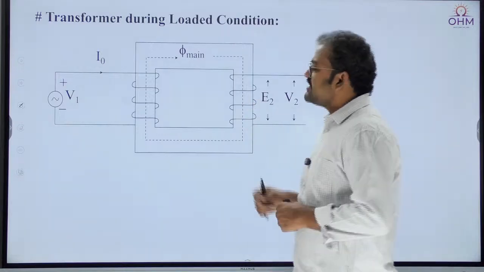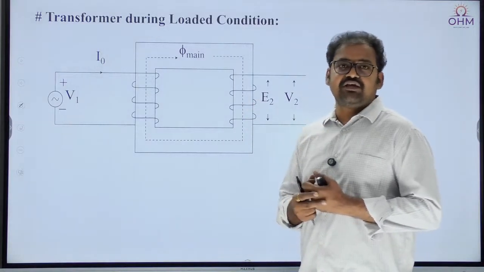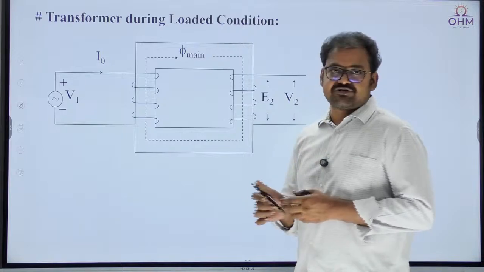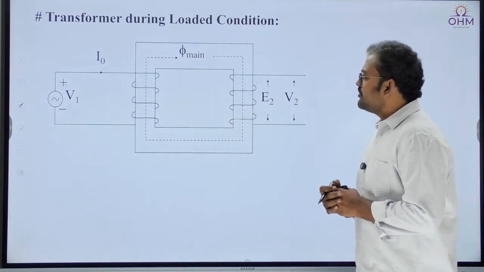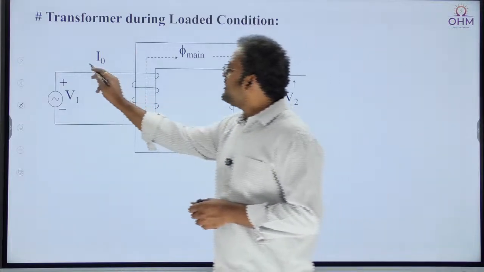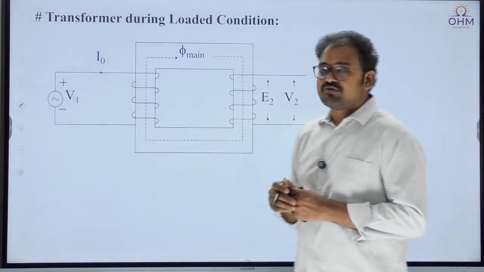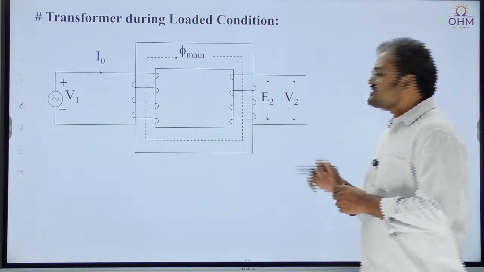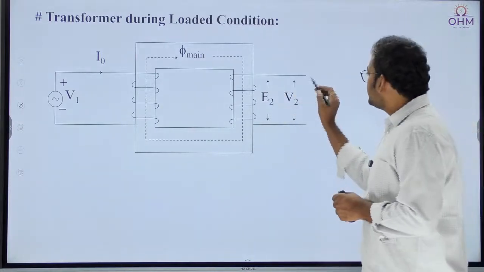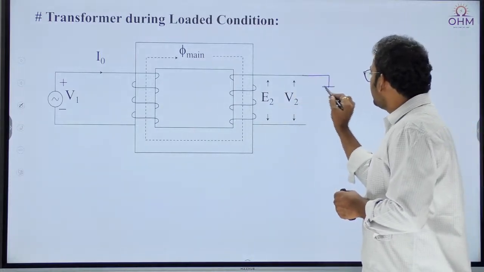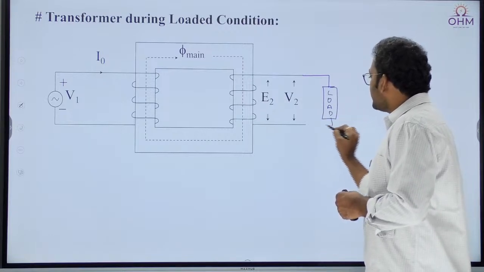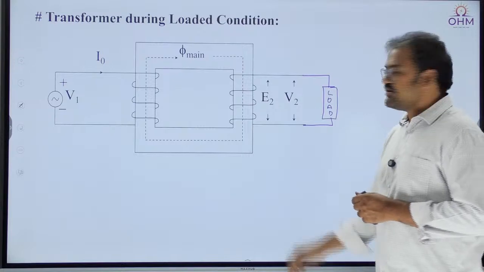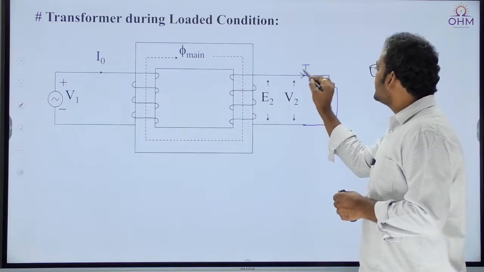Now let us try to understand how a transformer will behave under loaded condition. Okay. So currently this transformer is under no load condition. You can understand from the primary only low load current I0 was drawn. Secondary is open circuited. Now what will happen? The moment you connect a load on the secondary side, a current will be generated by the secondary known as I2.